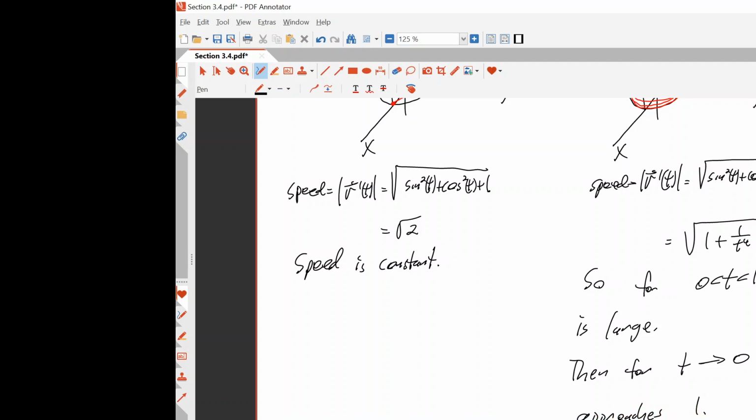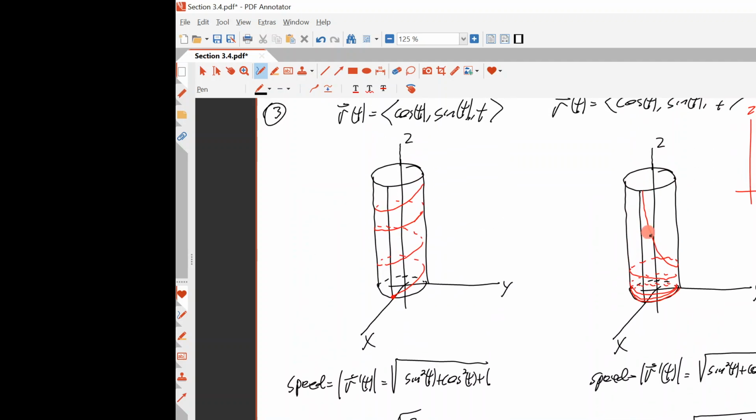All right, so for large values of t, this is close to 0. So the speed is about 1. And then for very small values of t, close to 0, this is a really huge number. So you have very large speeds. So here we're traveling very fast as we come down this, but then it just kind of slows down and approaches more or less constant speed. Okay?